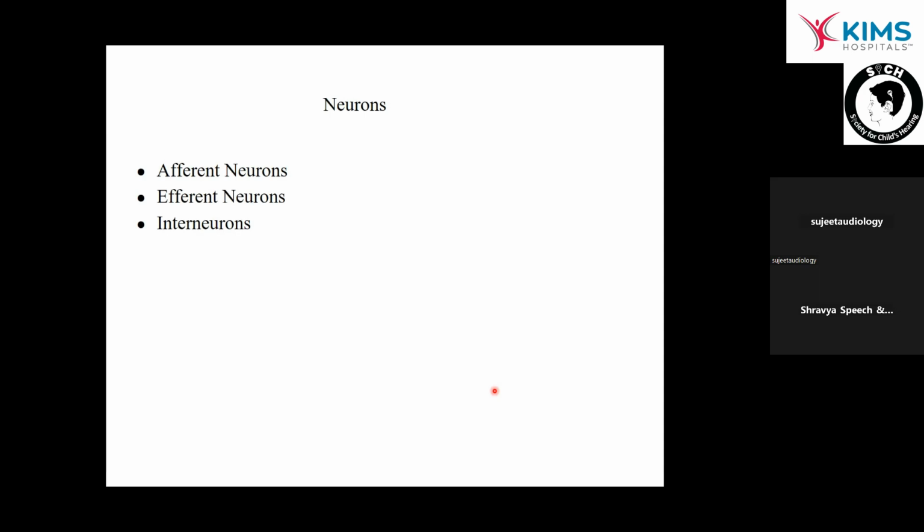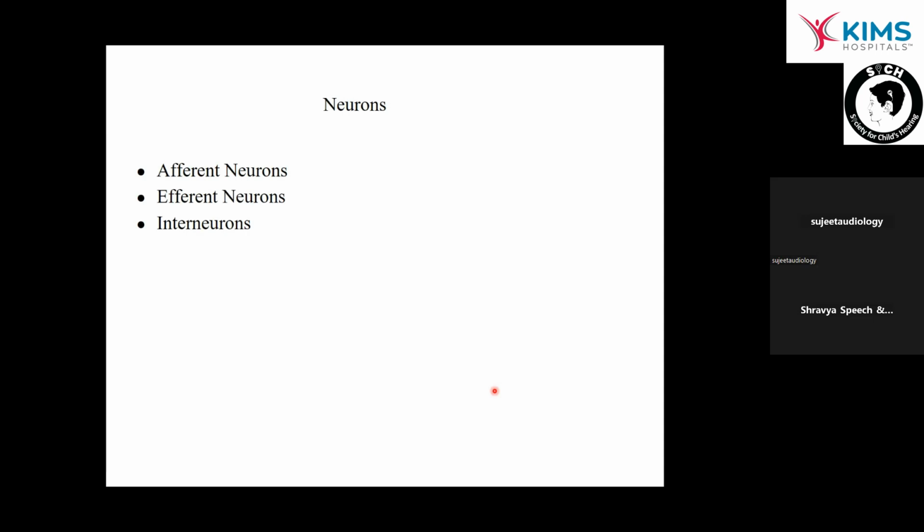So this is an afferent neuron. Efferent neurons are connected between the higher structure and the lower structure. You would have studied that there is an efferent pathway which starts from the superior olivary complex and is supplied to the contralateral outer hair cells. So these are your efferent pathways, starting from higher up and coming to the lower system.